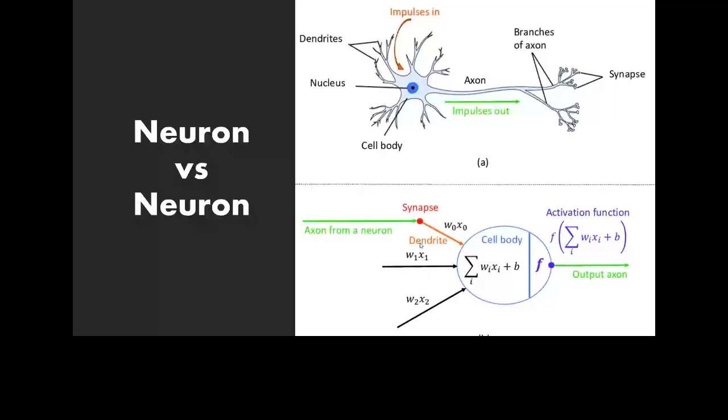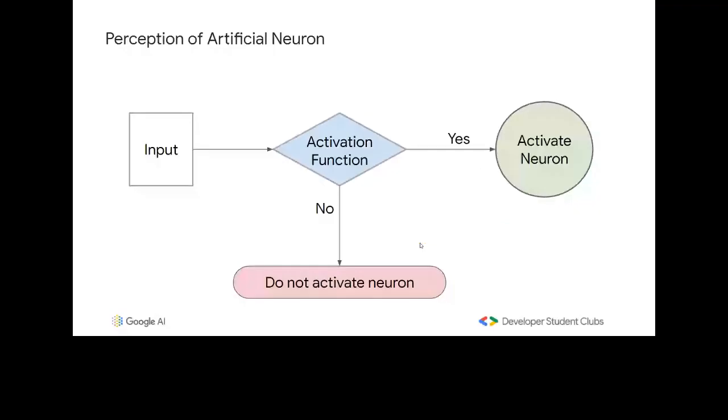Okay, moving on. What a neural network does is, you're given an input and it does some computation, and then there is an activation function. It's basically like an if statement. If it is yes, it activates the neuron.